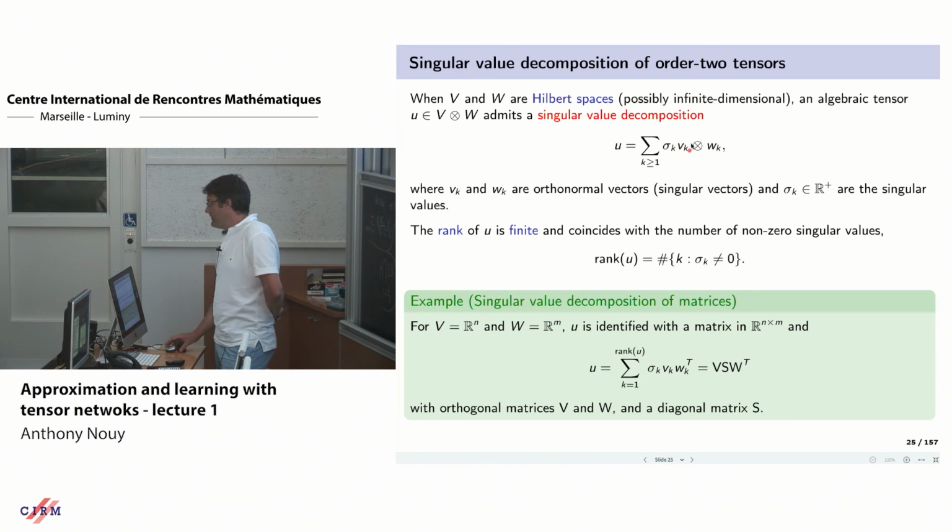And the set of vectors Vk is orthonormal in V. The set of vectors Wk is orthonormal in W. Okay? This is a singular value decomposition.